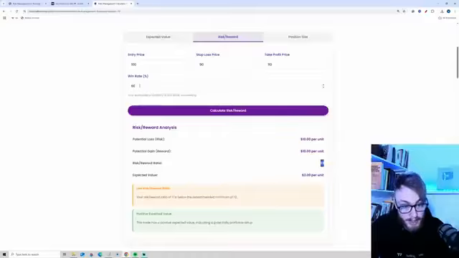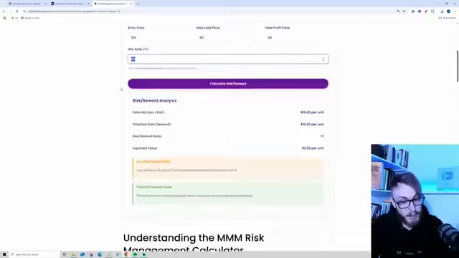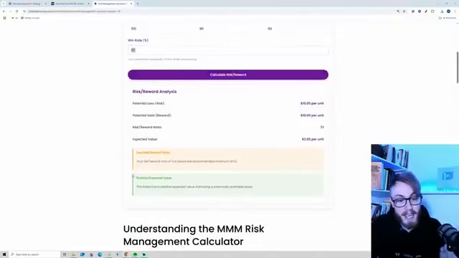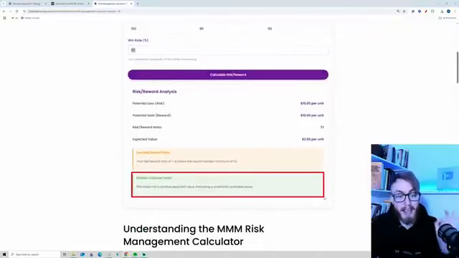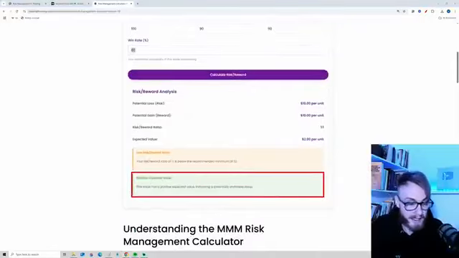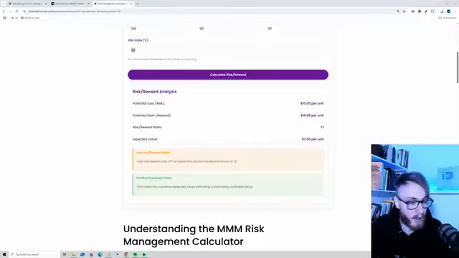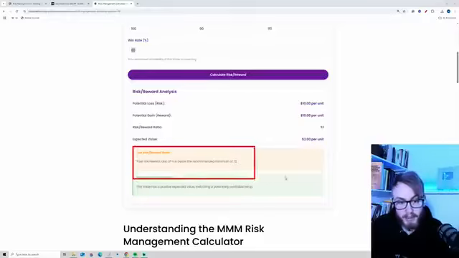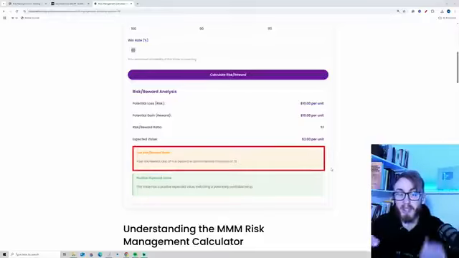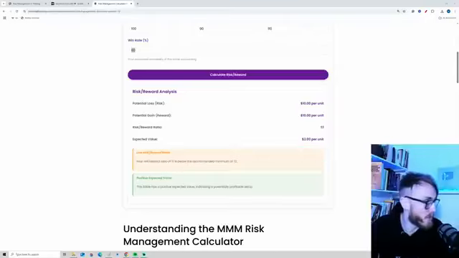But very importantly, because we have a 60% win rate, you can see that we have a positive expected value. This is something we will talk about later on. You also get this notification here that the risk to reward ratio is low, and it's recommended to have a minimum of 1 to 2 risk to reward.